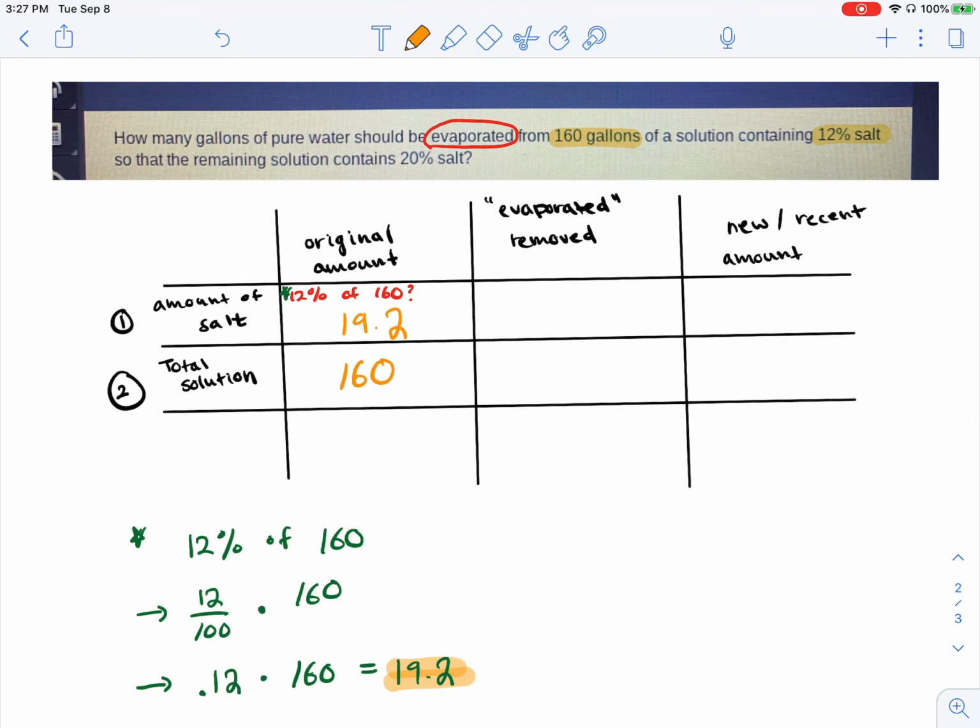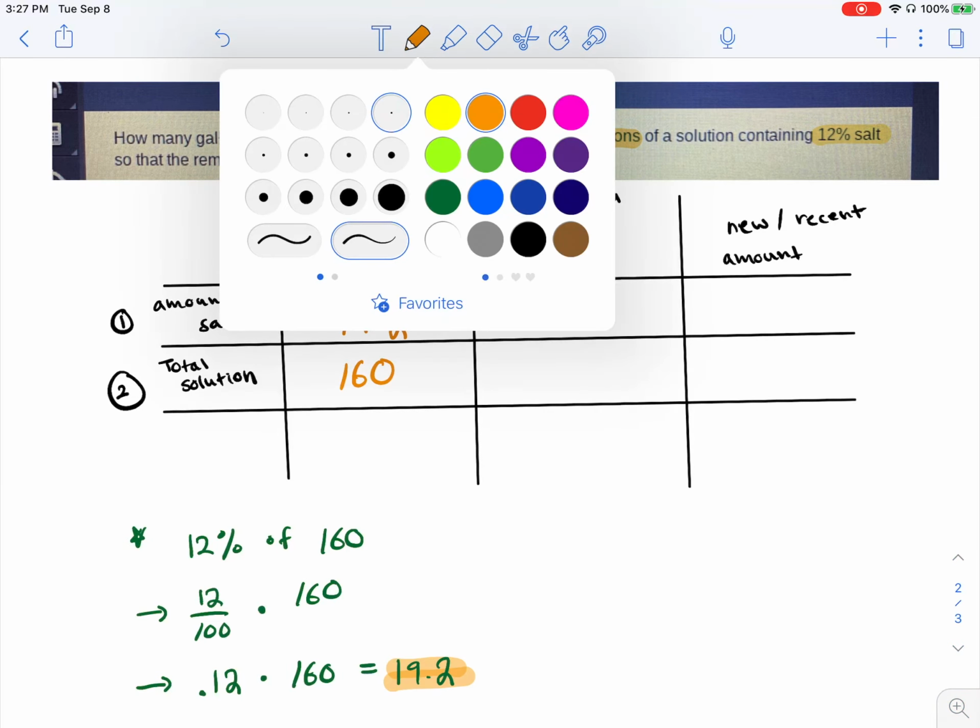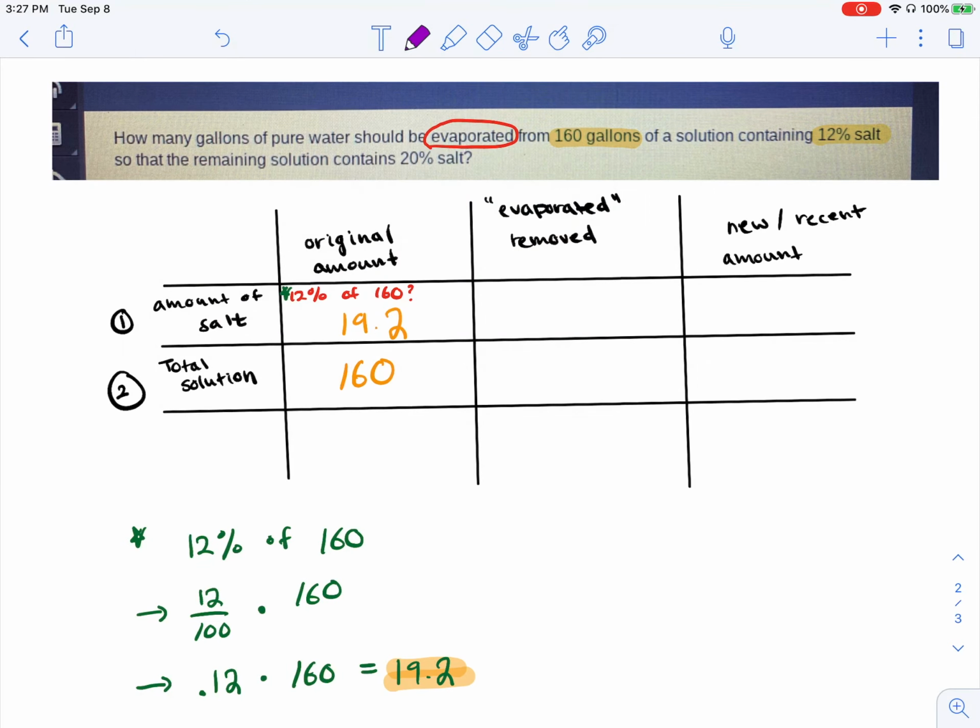Now moving on to the next column, evaporated. First, it says how many gallons of pure water should be evaporated. That's what we're looking for. In terms of figuring out how much pure water was evaporated, we don't know, so we're just going to put x.